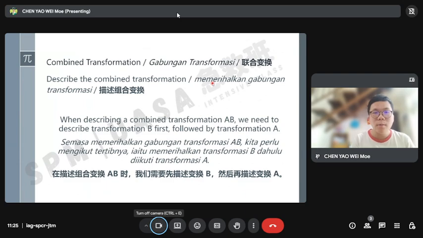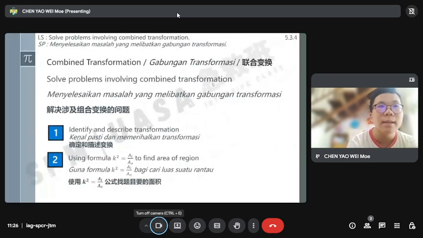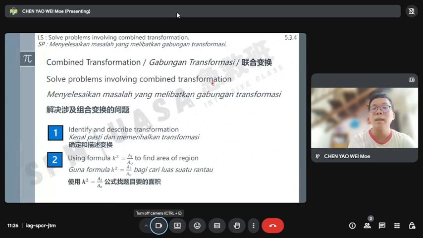Now we move to how to solve problems involving combined transformation. Basically, the question is like this. I give you one object and a transformation. Either I already described it or I didn't.